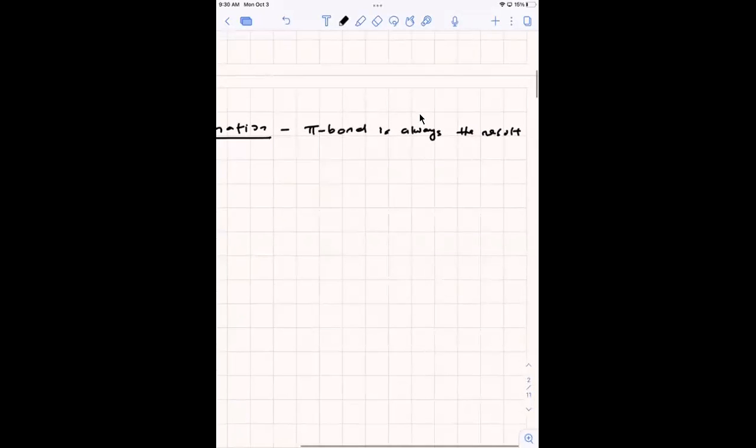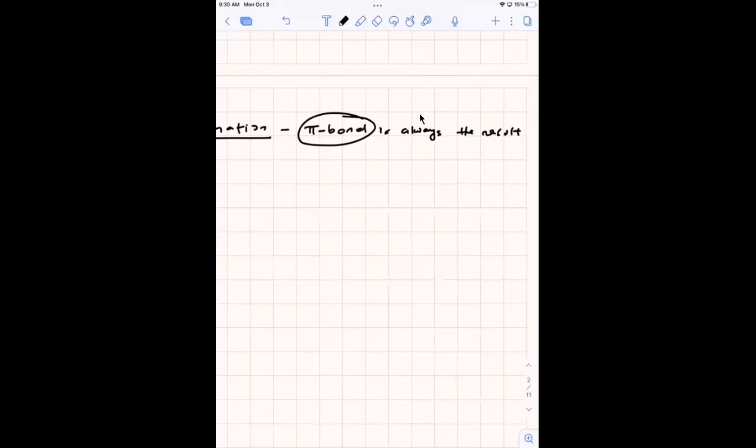Now I say pi bond on purpose because if you went from a double to a triple bond, that would also be an example of an elimination, but it's not a double bond. So I don't want to just limit it to double bonds. You can be eliminating to make a double bond, or you could be eliminating to make a triple bond. It just depends. But elimination also has two pathways.